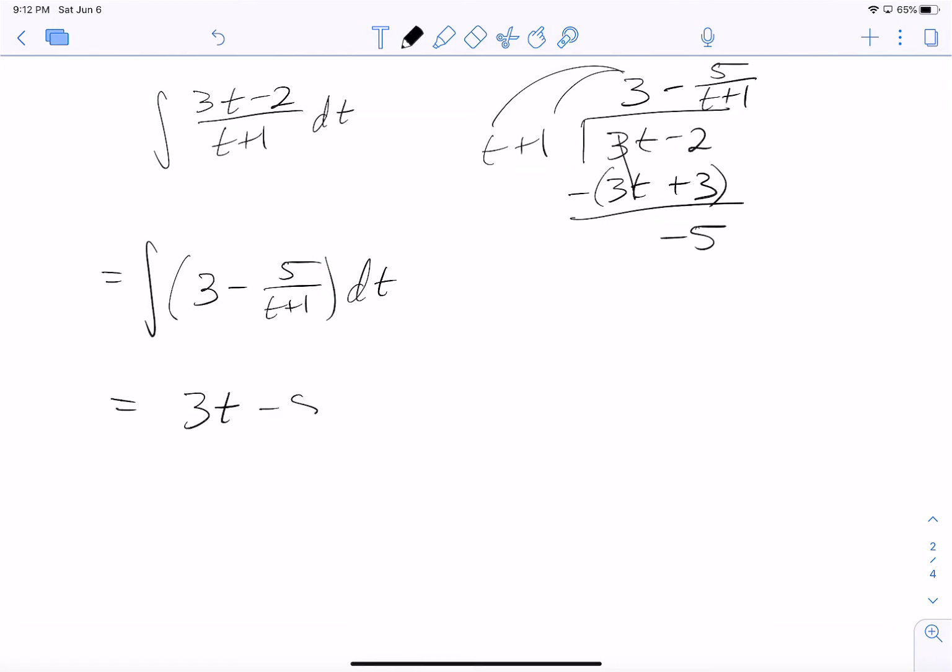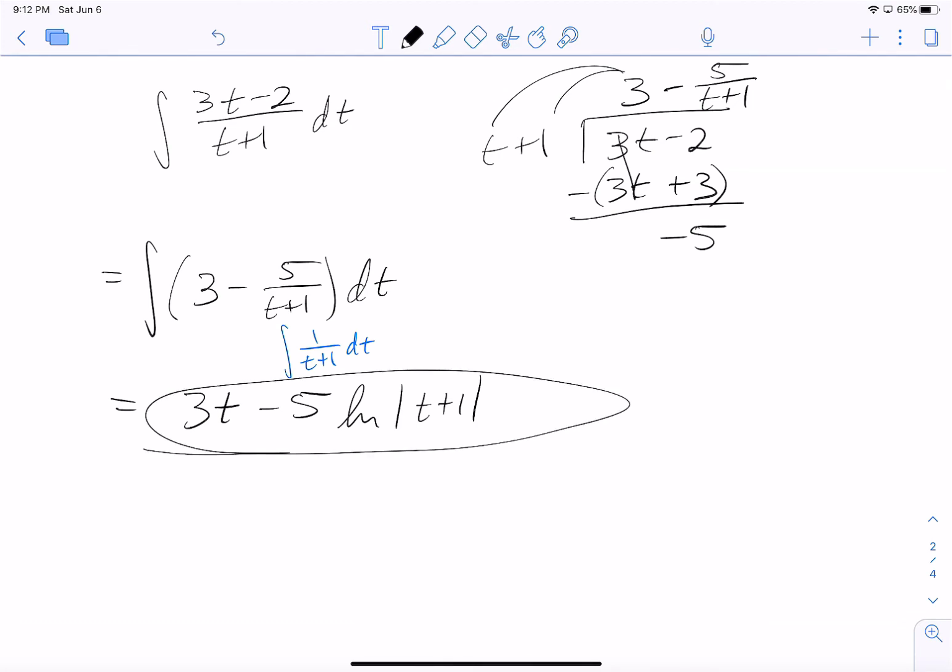We have a negative 5 as a coefficient, and the integral of 1/(t + 1) dt would integrate to the natural log of the absolute value of t + 1. Therefore, our answer is 3t − 5 ln|t + 1| + C, our constant of integration.